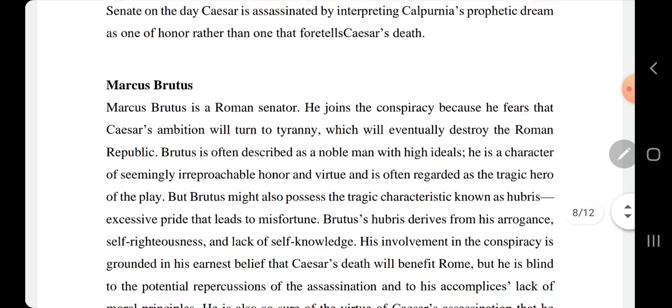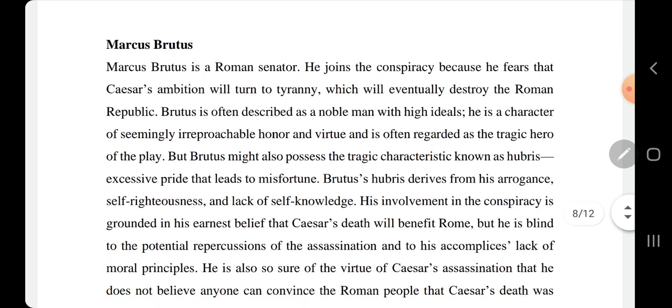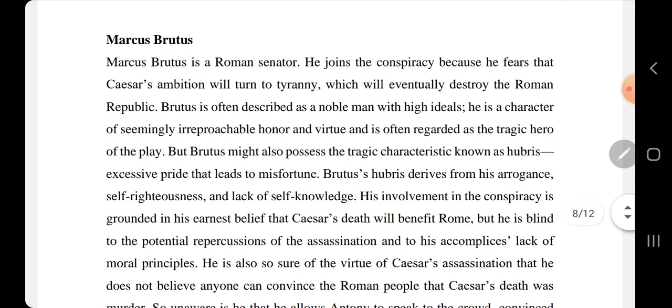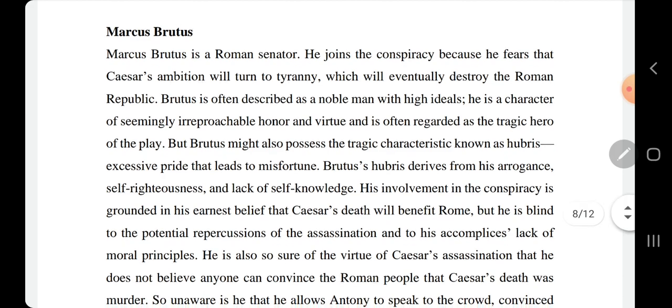We have another character, and he is, as some of the critics said, the hero of the play, and some of them believe that Julius Caesar is the hero of our play. So, Marcus Brutus is a Roman senator, and he joins the conspiracy because he fears that Caesar's ambition will turn against him, and he will turn into a tyrant.